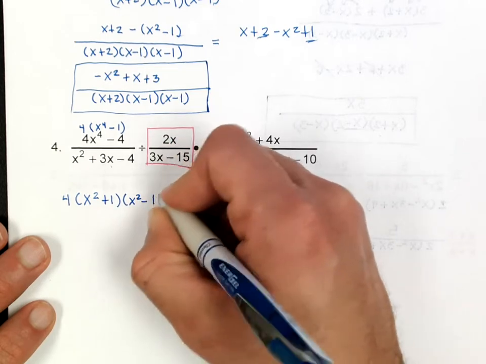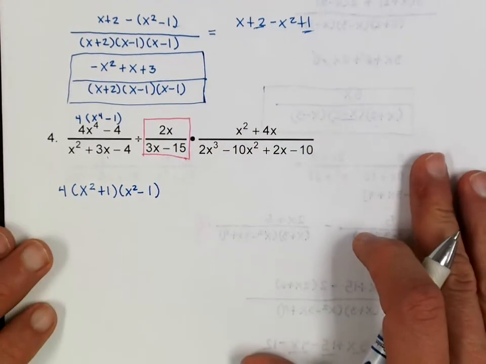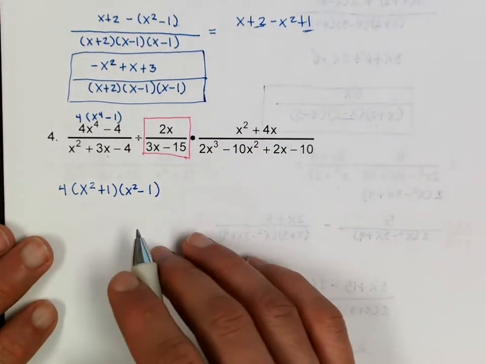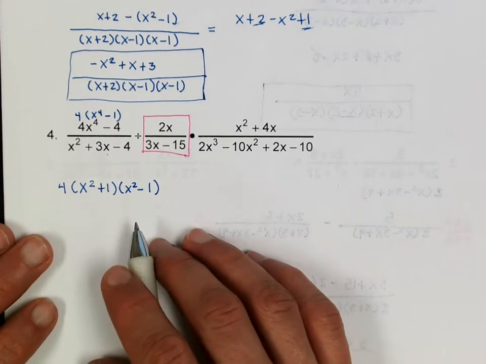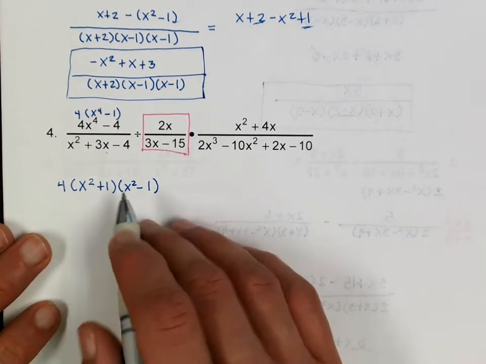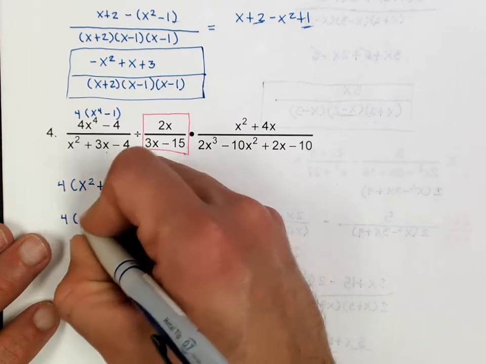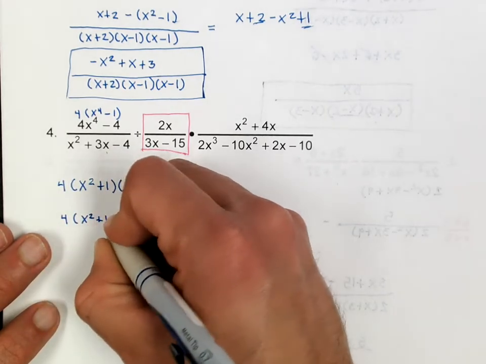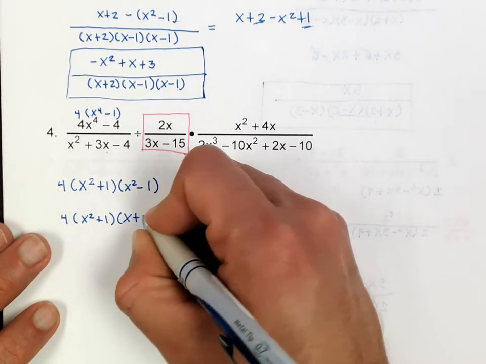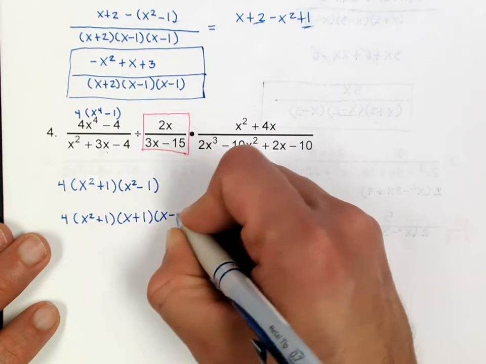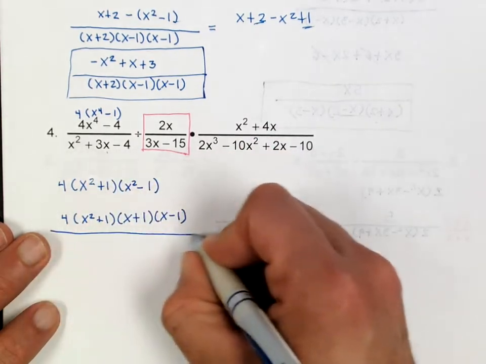So x squared minus 1. Then I'm going to factor this one more time because I have another difference of squares. So this is x plus 1, x minus 1. I did all of that just to factor this top one.